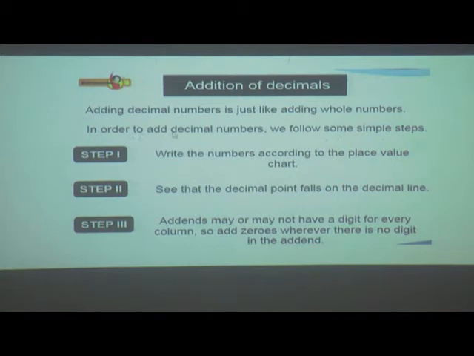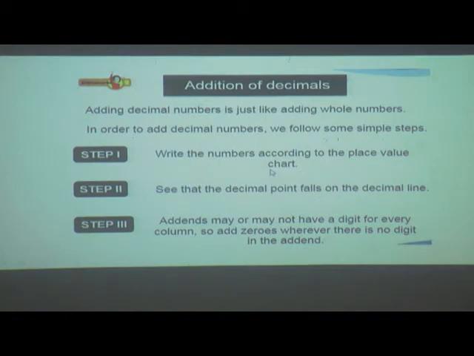In order to add decimal numbers, we follow some simple steps. With these steps, it will be easier to do the addition of decimals. So step number 1: write the numbers according to the place value chart.